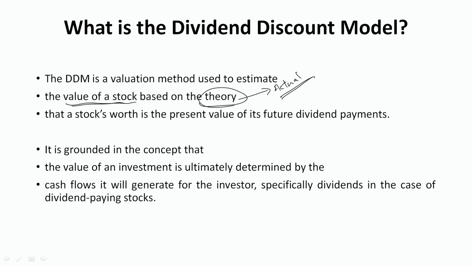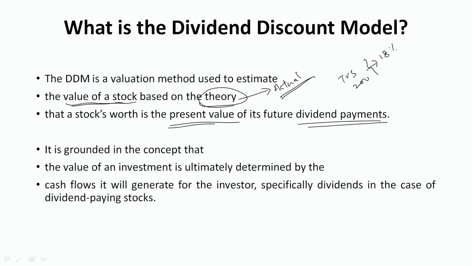The second reason why you have to do it is because you want to find out the present value of future dividend payments. Suppose I am purchasing a share of a company, let us say TVS, at 200 rupees today, and they have a normal dividend policy of say 18%.